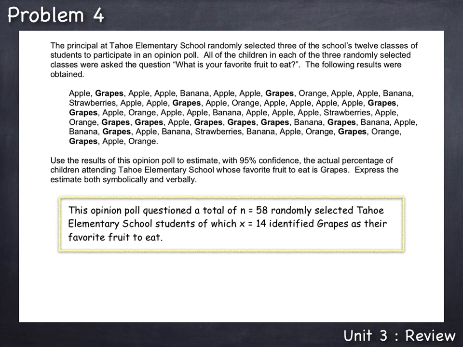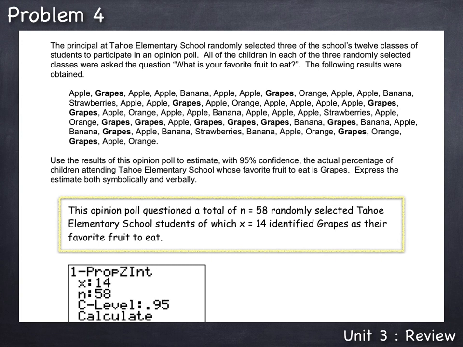So now with the 1-PropZInt command selected, we can enter these values into the calculator. X equals 14, which we counted ourselves, the number of grapes. So we enter in 14 for X, enter. And N, the total sample size, was 58. So we enter in 58 for N, press enter.